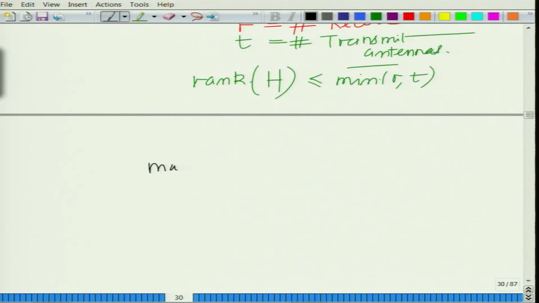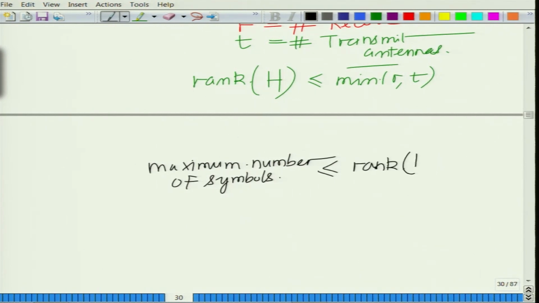So, the maximum number of symbols is less than or equal to rank H, which means if your rank H is large, you can transmit a large number of symbols at any time instant.